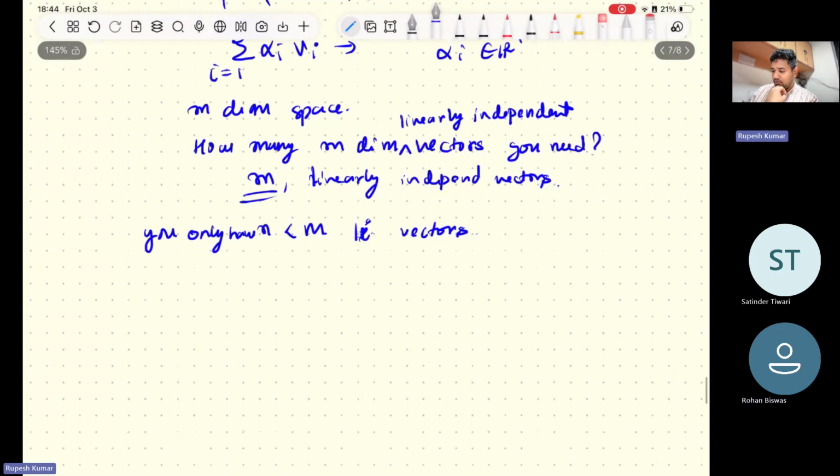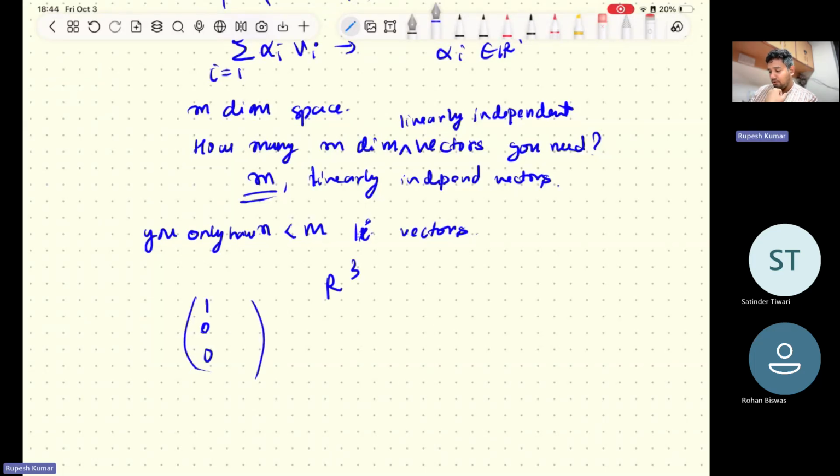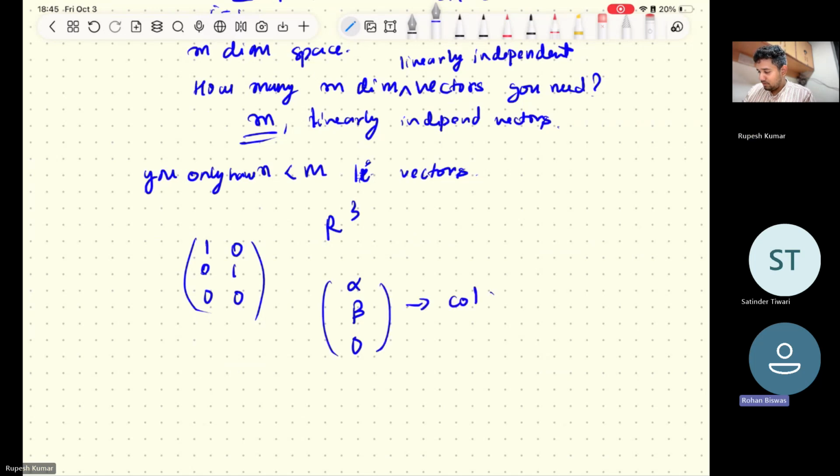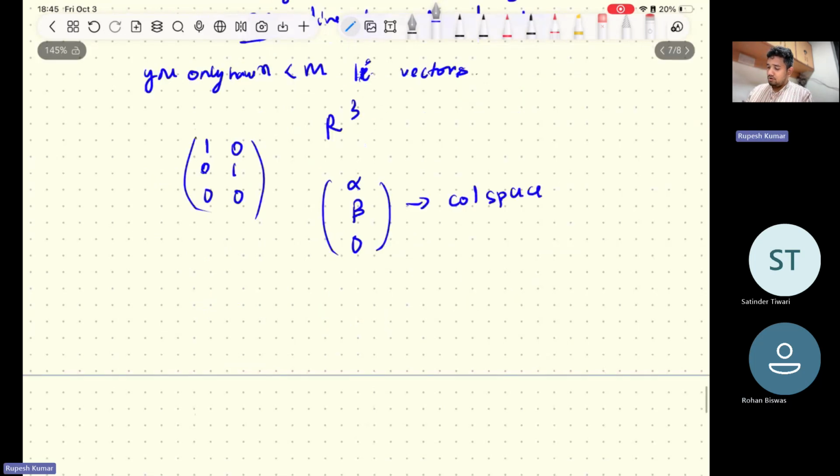Why does this happen? A very simple example: let's say you are trying to span the R3 space, and the columns of your matrix look like this. So alpha, beta, 0 is the column space. What does this look like?